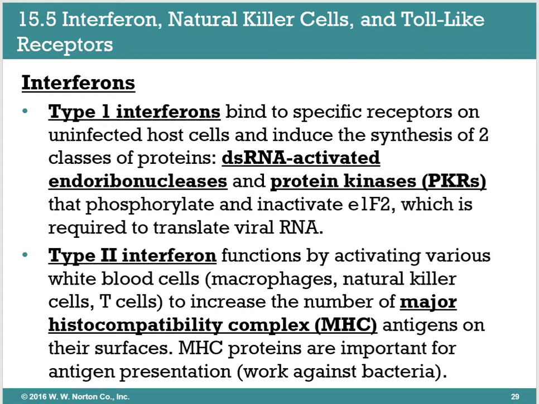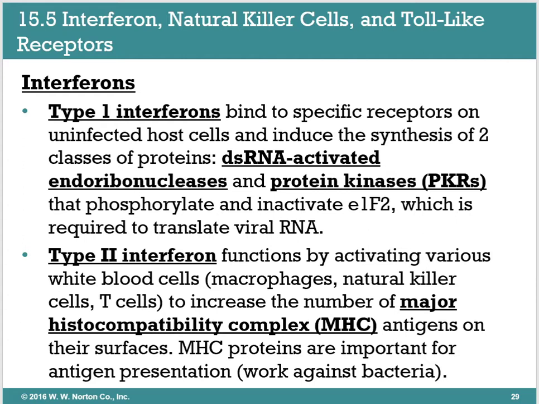That is required for translation of viral RNA. So if interferon type 1s are present, then a lot of times you'll have increased production of the double-stranded RNA activated endonucleases as well as protein kinases.